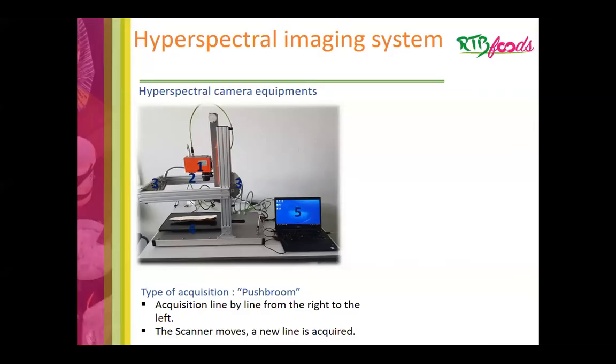So the imaging system used for acquisition of images is from Specim. It's composed, as you can see here, in 1 and 2, of a CCD camera and spectrograph from Specim FX17.